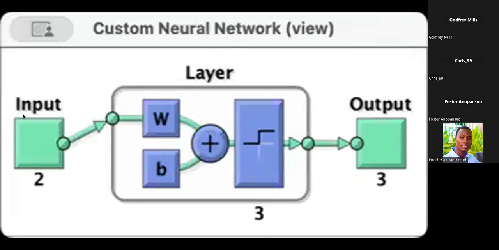The inputs are 2, S1 and S2 for each sample, but I have 3 neurons: neuron 1, neuron 2, neuron 3. And the output, I have 3 output neurons, so each neuron has an output. This is where we see the graphical representation of how the system works.